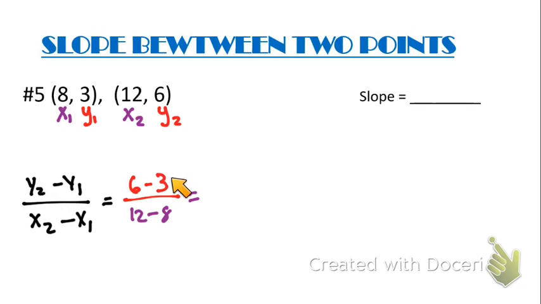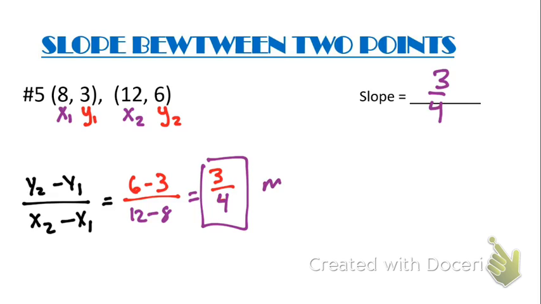So 6 minus 3 is 3. 12 minus 8 is 4. So the slope for this line is 3 over 4. This means rises 3 squares and runs 4. Okay? Let's go on to the next example.